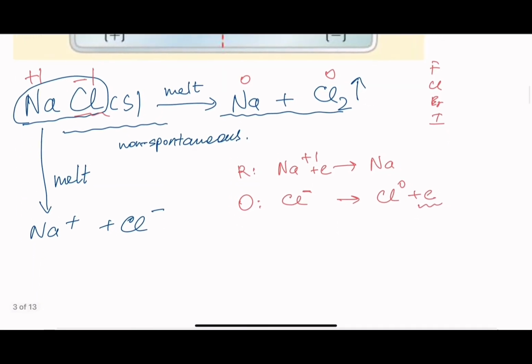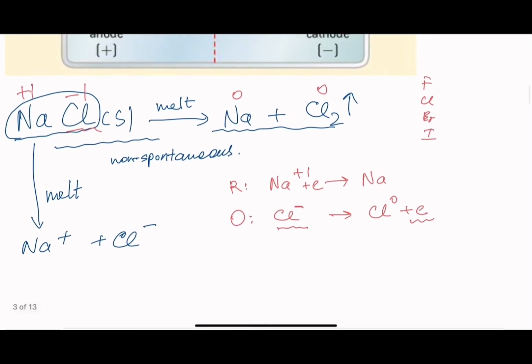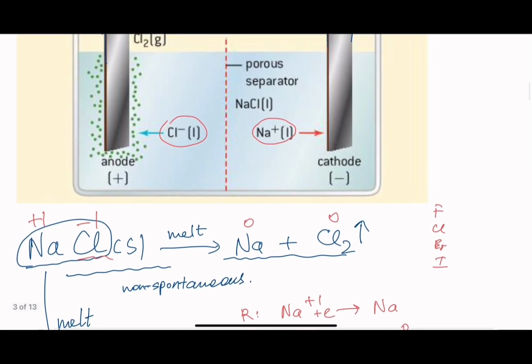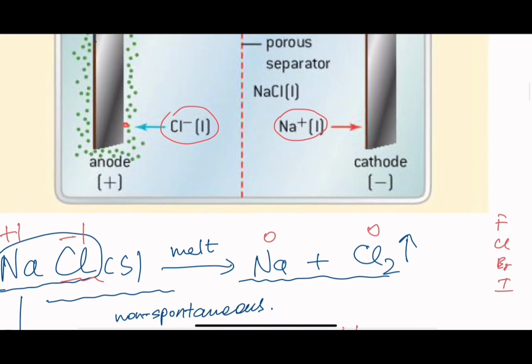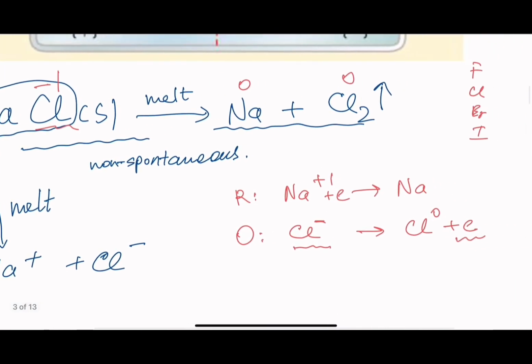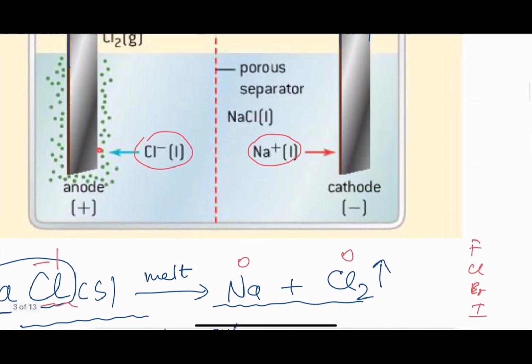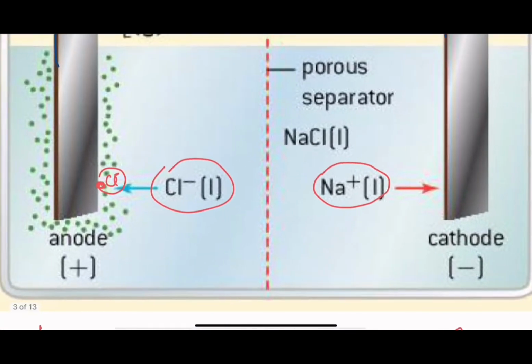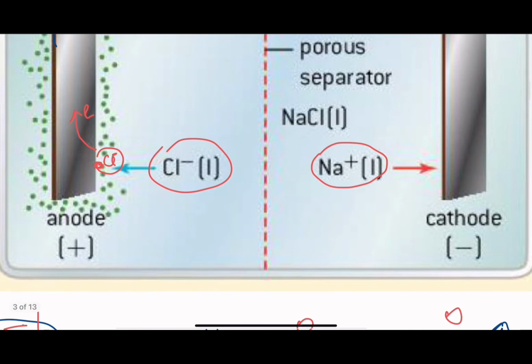The chloride ion goes to this electrode, attaches here, and gives away its electron. Do you see, it lost the electron, right?